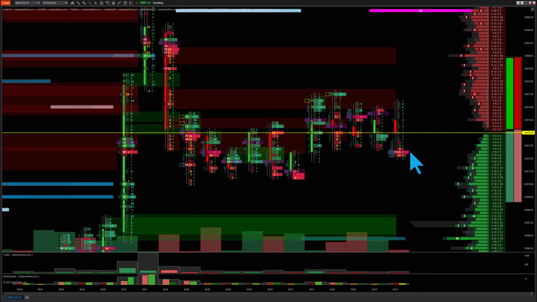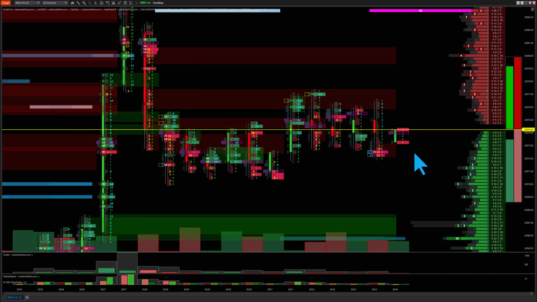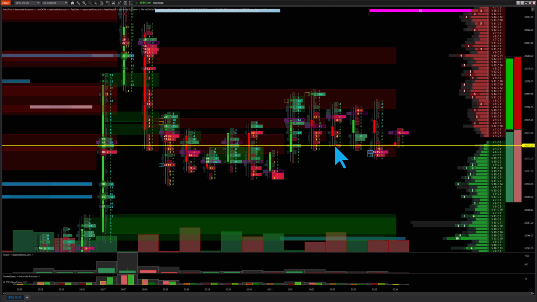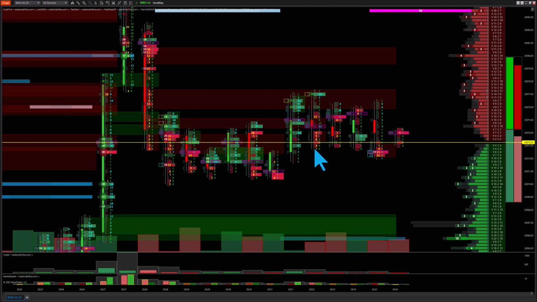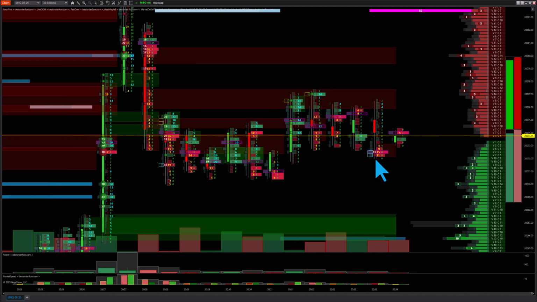Here we go. Here we go. We get clearance. We get clearance. This is the POC at the bottom of this red candle. So at the bottom is 2 and 0, 3 and 0, 0 and 0, whatever. So they actually finished their business here. Oh, 11 and 0, but there's a 2 and 0.